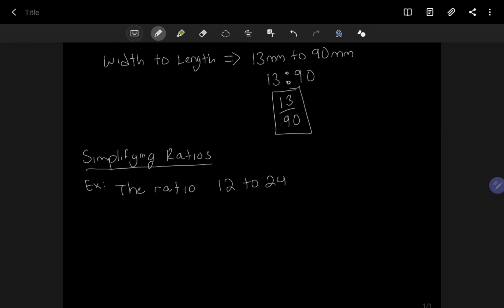And so, as I look at the ratio 12 to 24, and I want to simplify this, all I have to do is think about it as a fraction. So how do I simplify that fraction? Yep. I can divide it by 12, since that is the number they both have in common, by 2 or by 3, whatever number you want to simplify it by. We just need to make sure that once we do that, it's fully simplified. So we got 1/2. And another way of just saying this is 1 to 2.